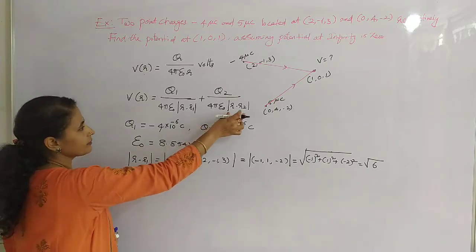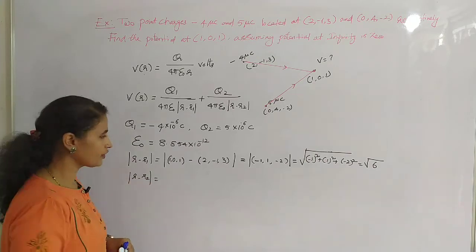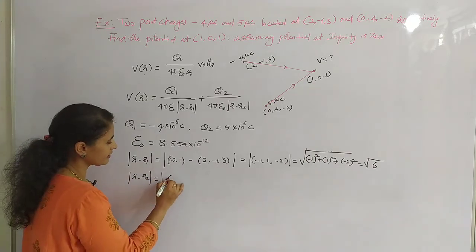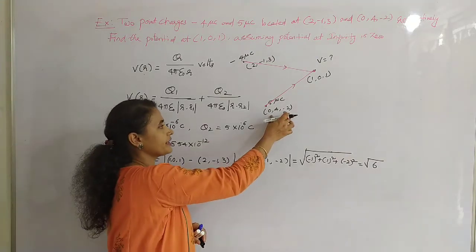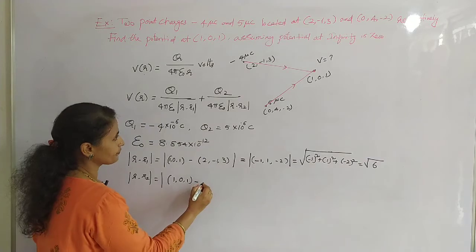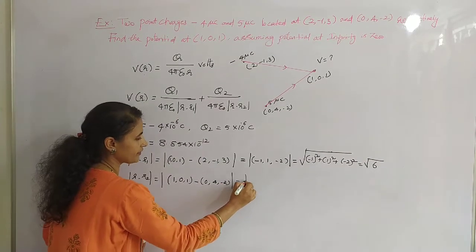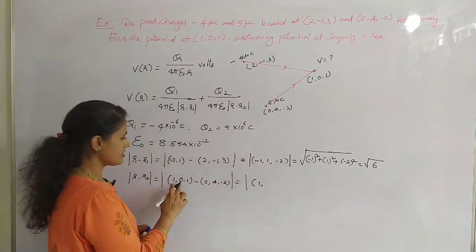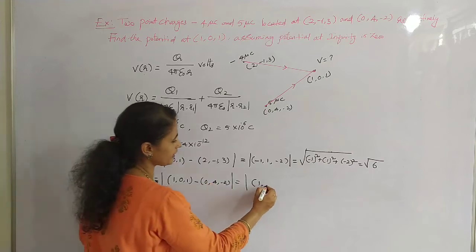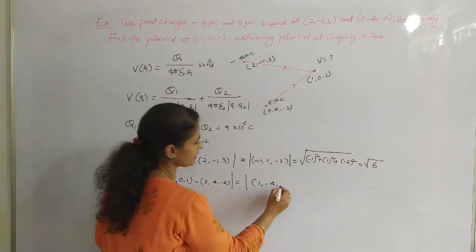Now the second term is r minus r2. Again the reference r is (1, 0, 1) minus the second coordinate r2, which is (0, 4, -2). So 1 minus 0 is 1, 0 minus 4 is -4, and 1 minus -2 is +2.